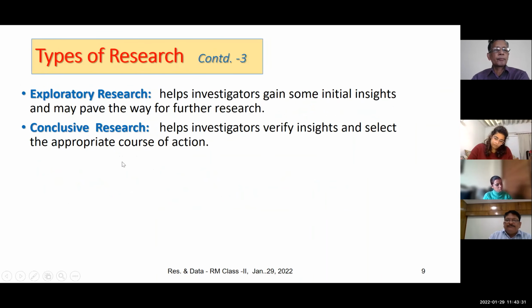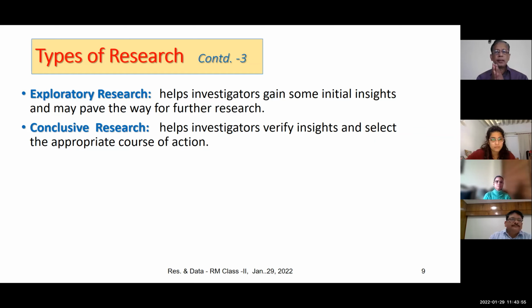Moving ahead, from another angle, we classify research into either exploratory or conclusive. Exploratory research we have to do whenever we do not have much insight into an area. It's a very new, virgin area where research has not been done.